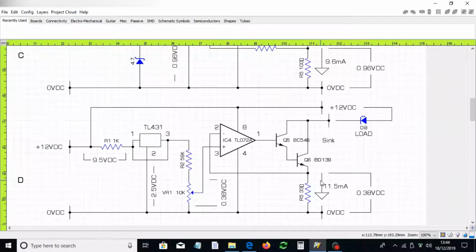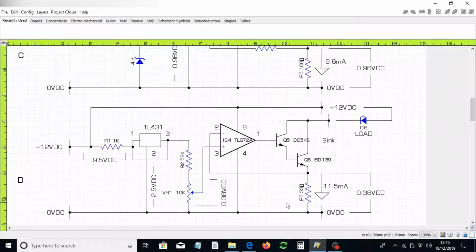So I've dropped the voltage from effectively 1 volt down to 0.33 of a volt. So therefore my reference voltage only needs, I've got 0.38 of a volt here, allowing for a little bit of tolerance. So I only need to have on the positive input of the op-amp here a maximum of 0.33 of a volt to achieve 10 milliamps.